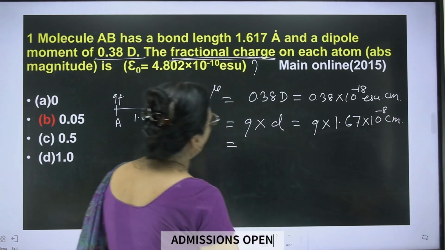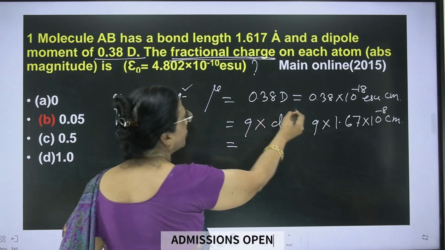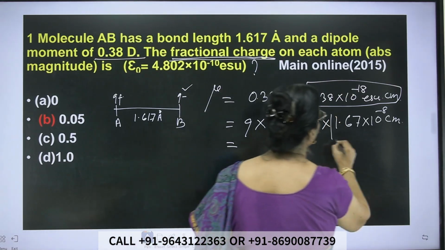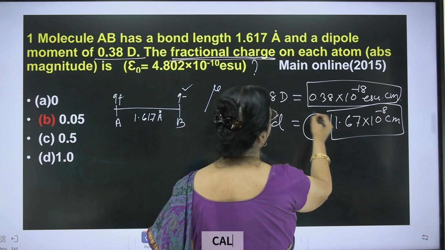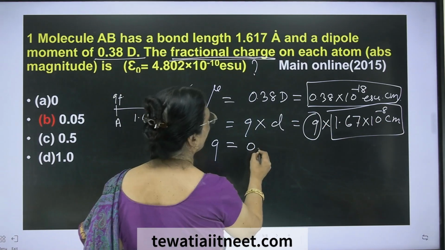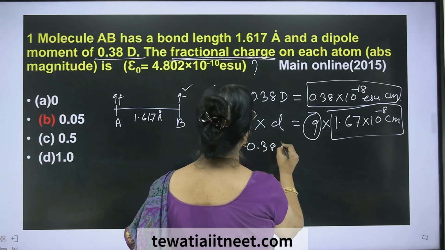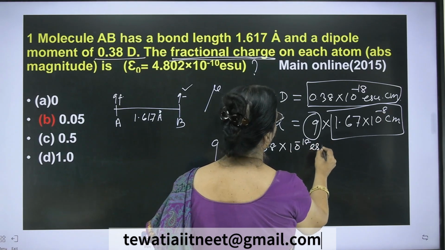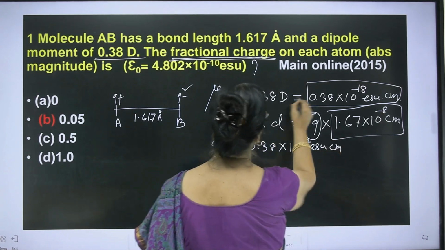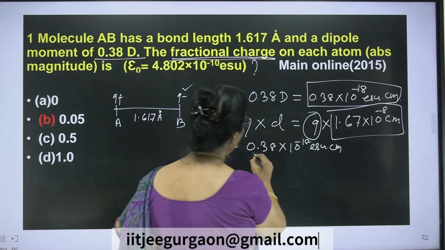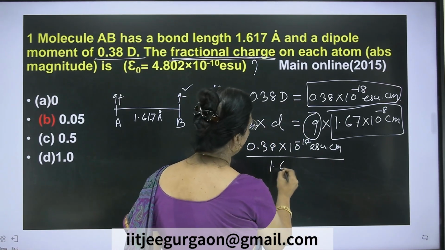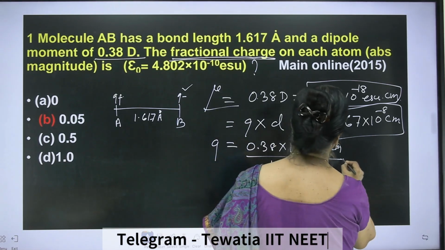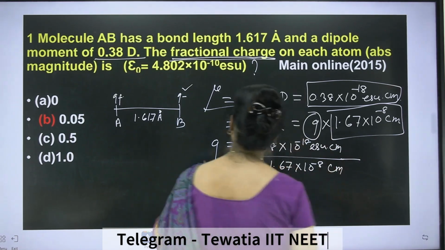Now the dipole moment is given, the distance is given, so we can get the partial charge Q. Q is equal to mu divided by D, which is 0.38 into 10 to the power minus 18 ESU centimeter divided by 1.67 into 10 to the power minus 8 centimeter.